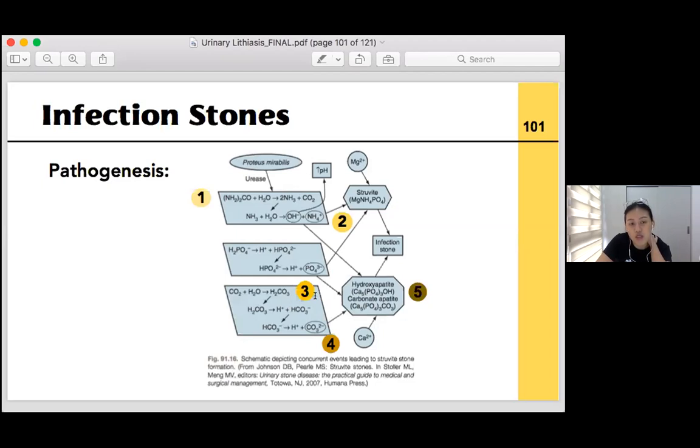However, because of the presence of urease, ammonia would continue to be produced, which further increases the urinary pH and also promotes the hydration of carbon dioxide to bicarbonate and hydrogen. Then further dissociation of bicarbonate would yield carbonate and another hydrogen ion, until finally the dissociation of hydrogen phosphate under alkaline conditions would provide phosphate and thereby complete the constituents for infection stone formation.